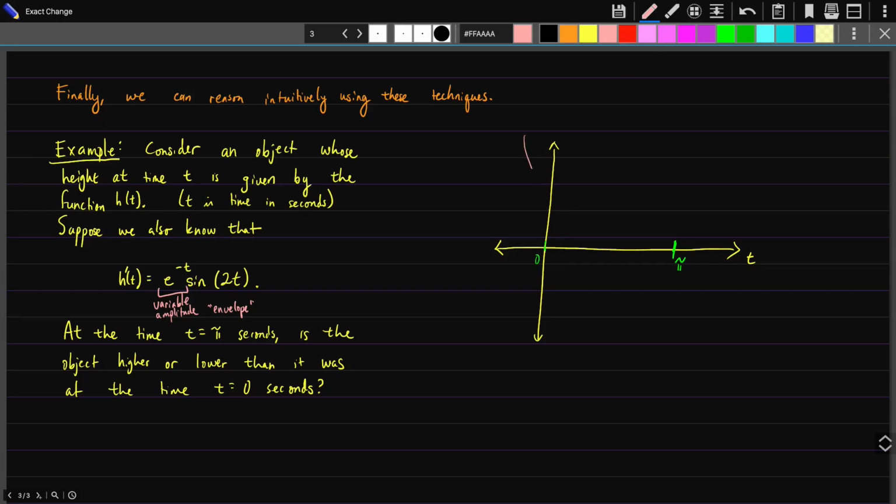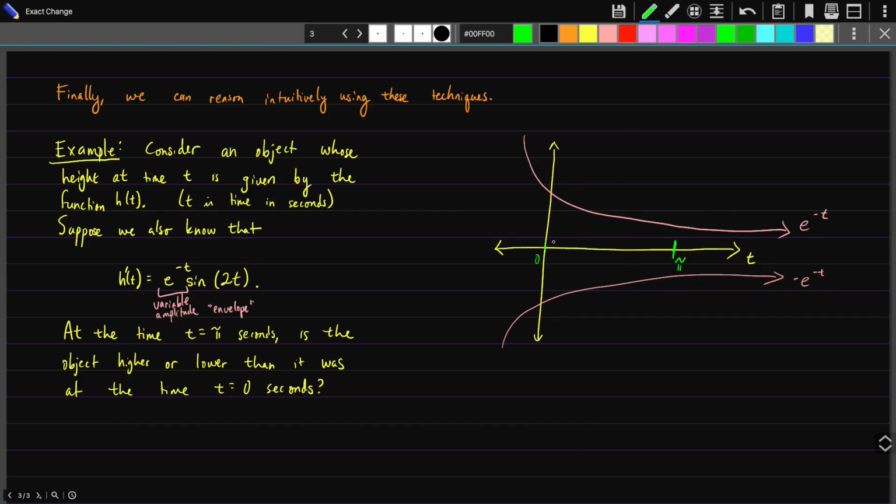E to the minus t looks like this. And if we reflect that over the x-axis, we get a counterpart to our envelope over here, so e to the minus t, and minus e to the minus t. And we do need that lower part of the envelope because trig functions also take negative values. And from there, sine of 2t basically looks like this, right?